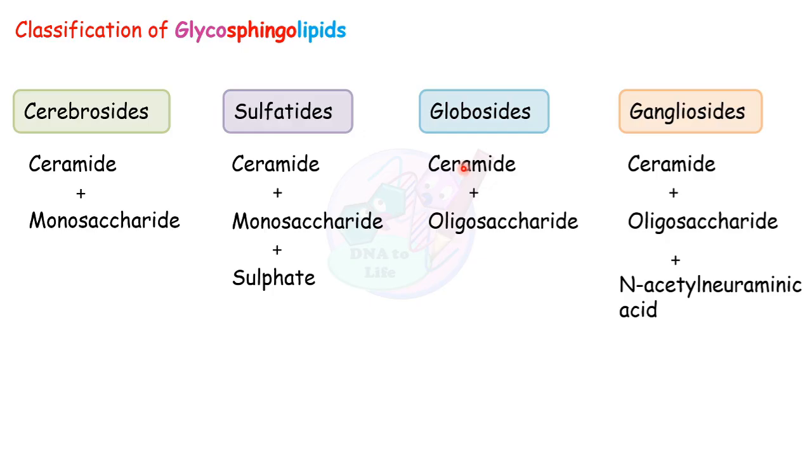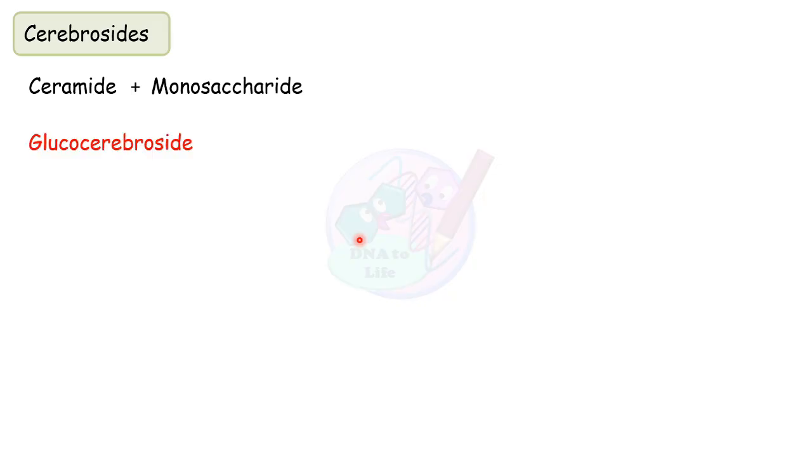Ceramide is sphingosine plus fatty acid. That part is common in all. How are they different? They are basically different in their composition of sugar. They all have different sugar units. So let's first talk about the cerebrosides. They are made up of ceramide and monosaccharide.